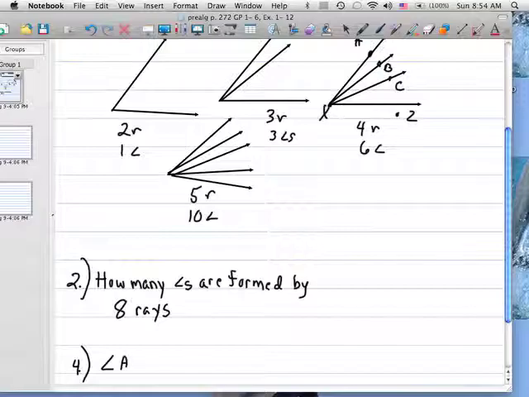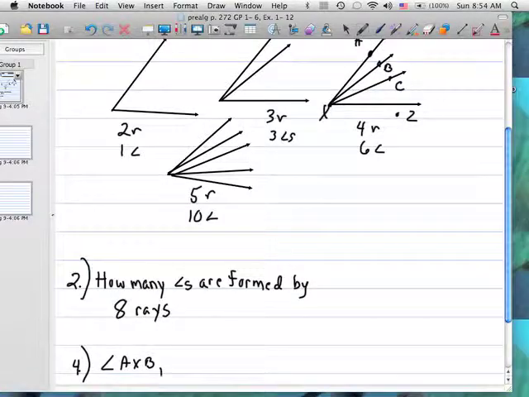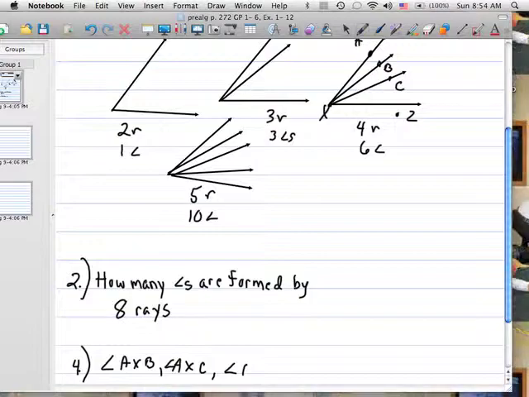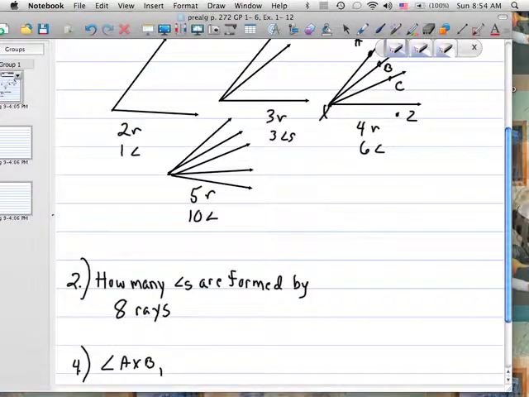You have these 3 small ones, angle AXB, angle AXC, I'm not doing the small ones, I'm doing all those that start with A. Let's do all the small ones first.